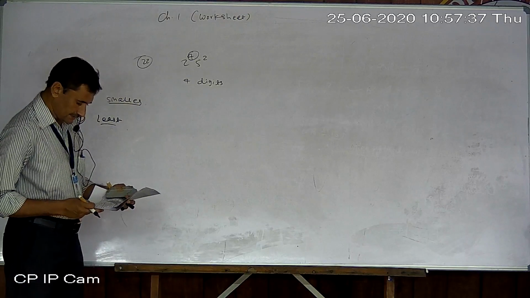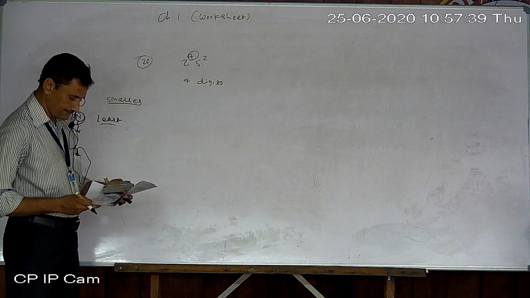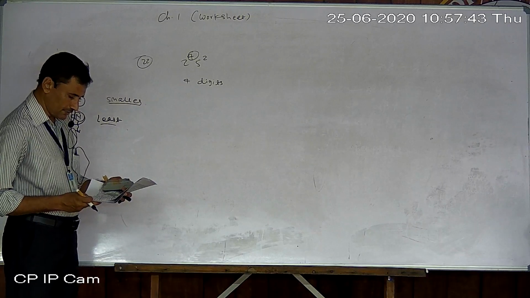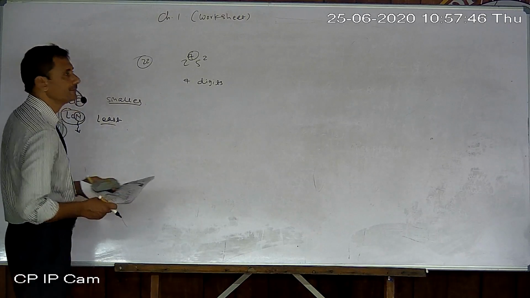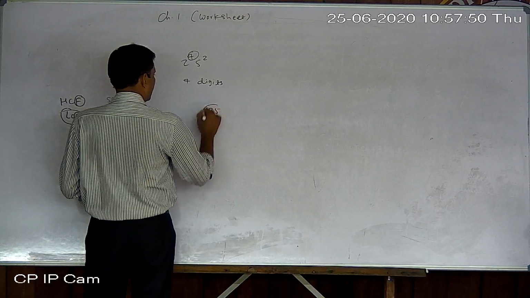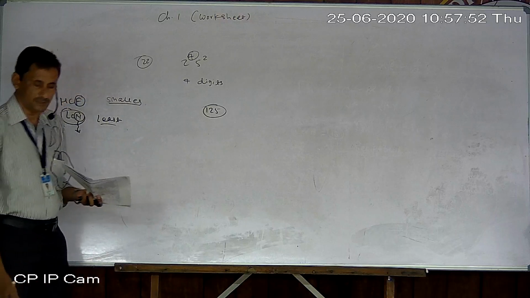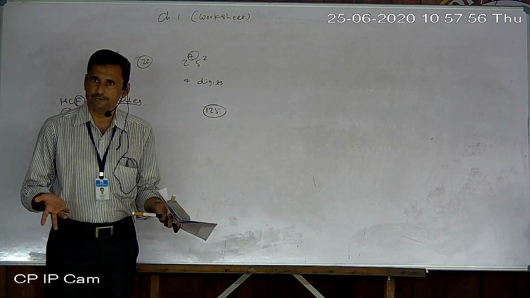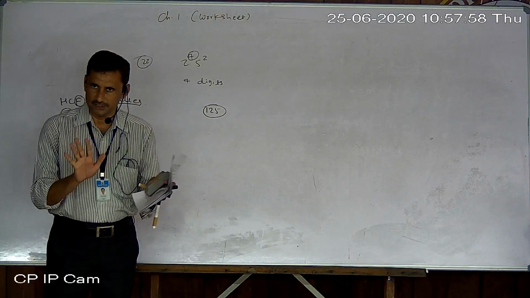Next, in 24, the decimal expansion of 256 upon 125 is non-terminating repeating. Look at 125. By the prime factorization of the denominator, you can decide whether it is terminating or non-terminating repeating. Two options are there.